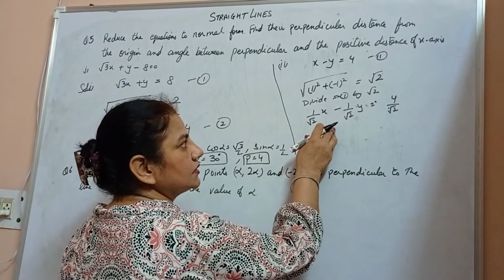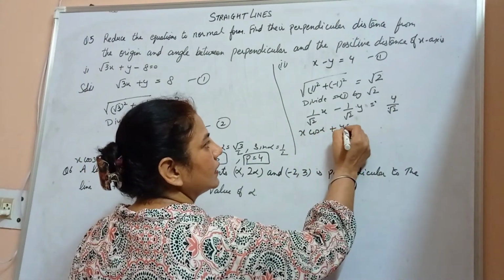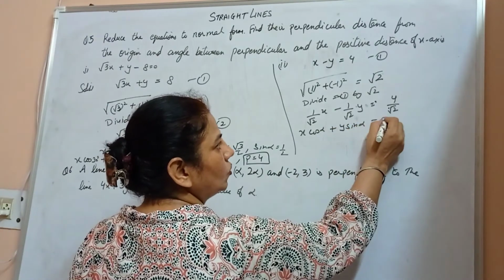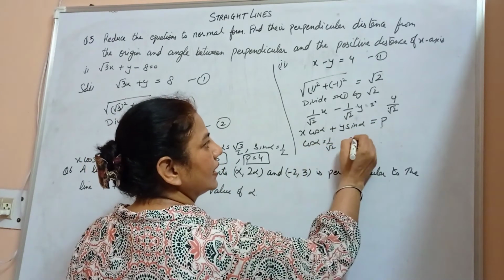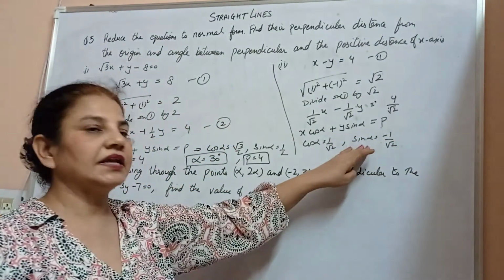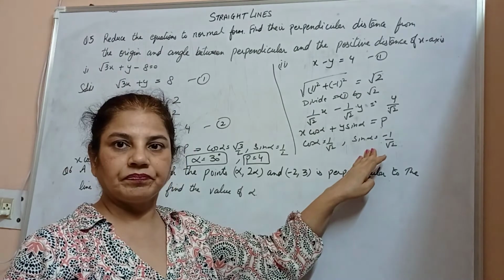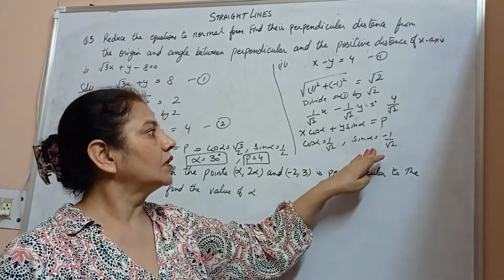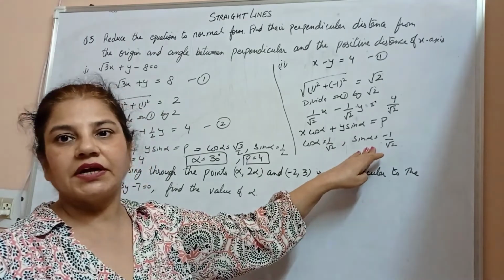If I compare this with the equation x cos alpha plus y sin alpha is equal to p, here we get cos alpha is 1 by root 2 and sin alpha is minus 1 by root 2. Cos is positive, sin is negative. That means it's lying in the fourth quadrant. So fourth quadrant means 360 minus 45 degree, that means 315 degree.